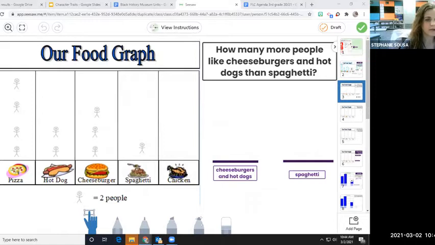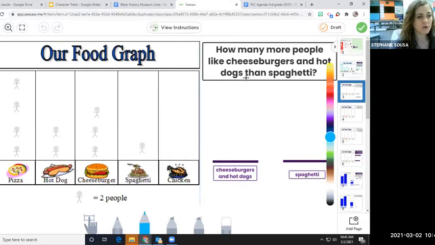On slide 3, you will notice that it is the same graph, but a different question. We're going to practice this one together, okay? How many more people like cheeseburgers and hot dogs than spaghetti?